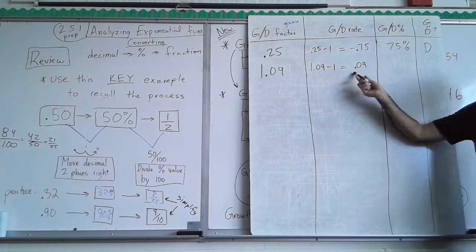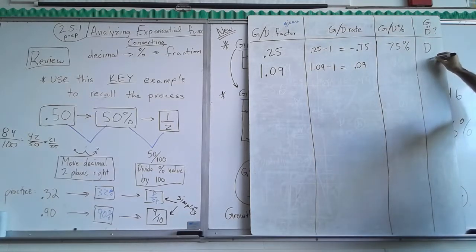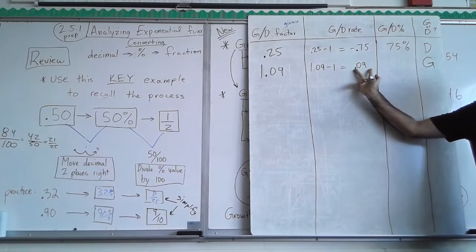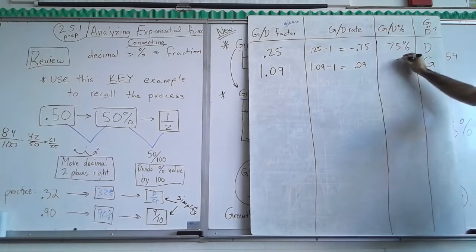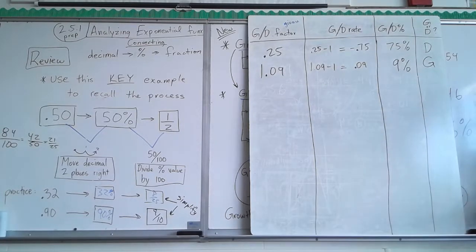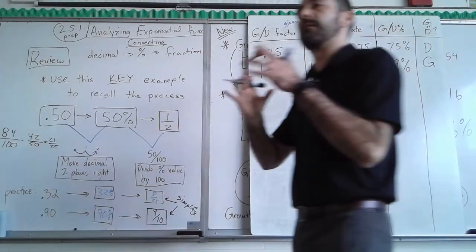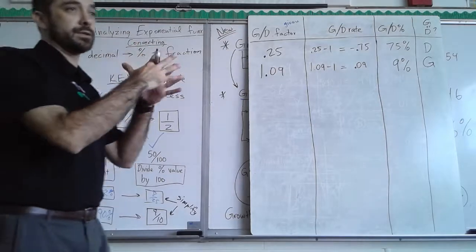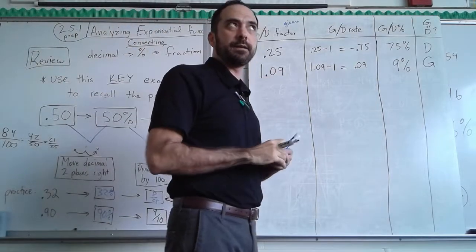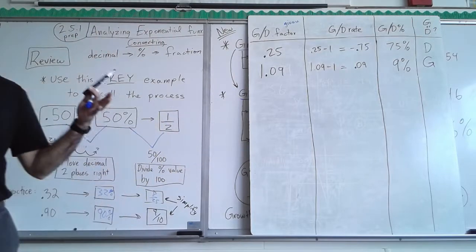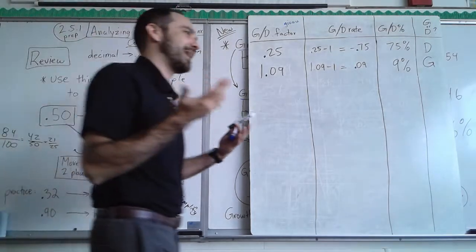Positive, so I know I have some growth. What is 0.09 expressed as a percentage? 9%. See how we're setting these up? So this is just one little component of what we'll do tomorrow. We're going to input this step into a larger formula to find some actual values. So you actually plug in how much your car is worth, if you have a car.